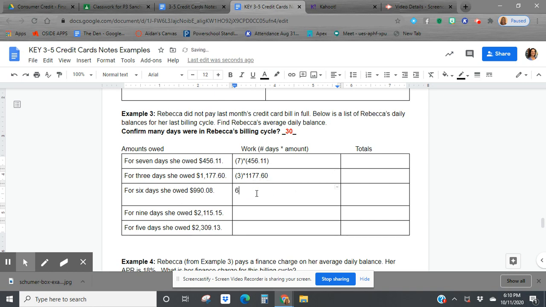Then for 6 days, she owed $990. Then for 9 days, she owed $2115. And then for 5 days, she owed $2309.